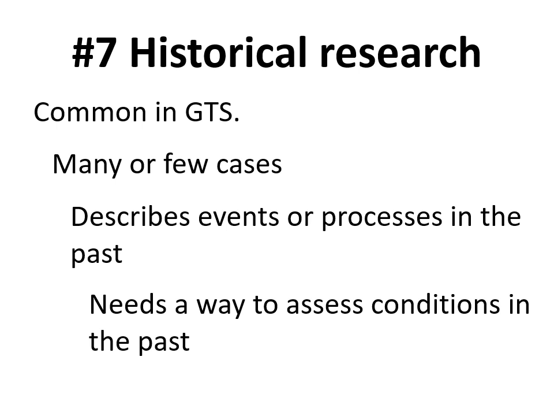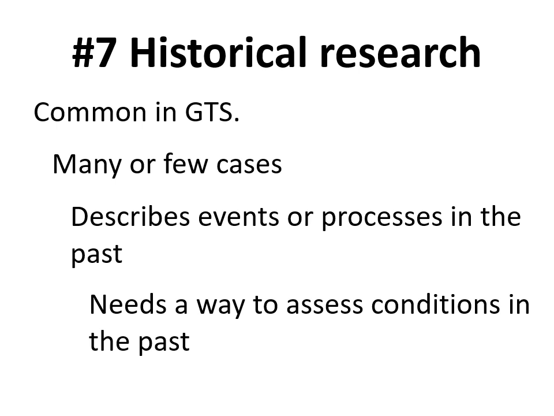Though actually with trees, you also tend to count the width of the rings as well as how many rings there are to get a sense of not only how old the tree is, but how many years ago there was a drought and things like that. But the point about historical research is you need some way to assess conditions in the past.